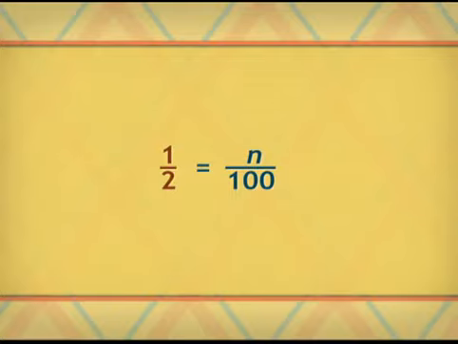All right, so 2 times 50 equals 100. So that means we need to multiply that 1 times 50 as well. 1 times 50 is 50. So the ratio 50 to 100 is equivalent to 1 to 2. And 50 to 100 tells us that the percent is 50%. So 1/2 equals 50%. That's a good one for you to know off the top of your head. It's good for you to know that 50% and half are equivalent.